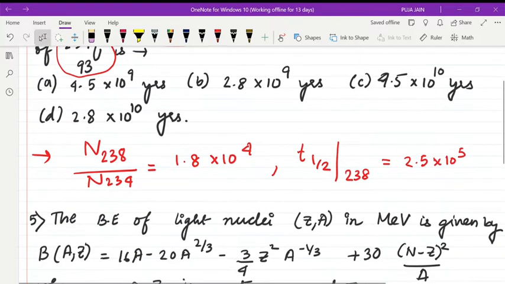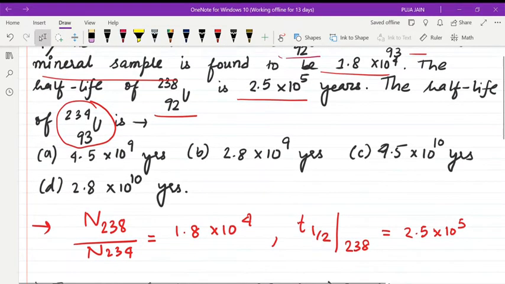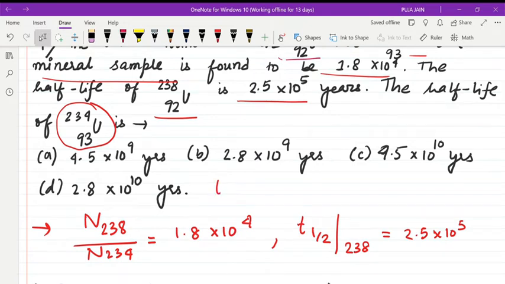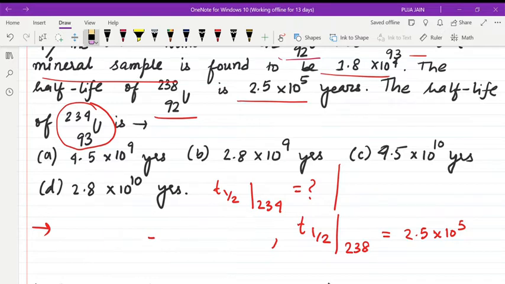And what we need to find is the half life of uranium-234. I hope you understood what info is given and what we need to find.